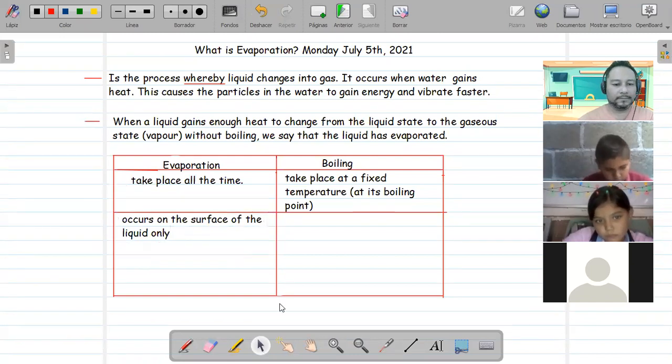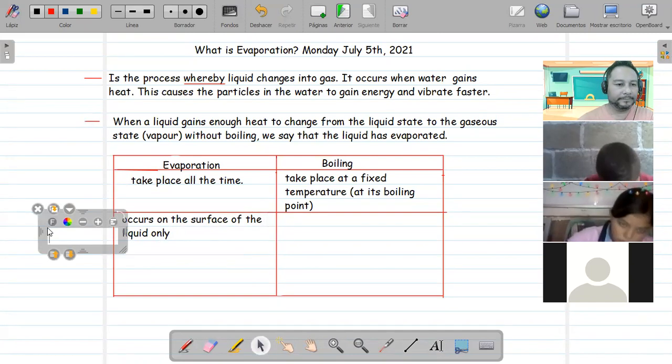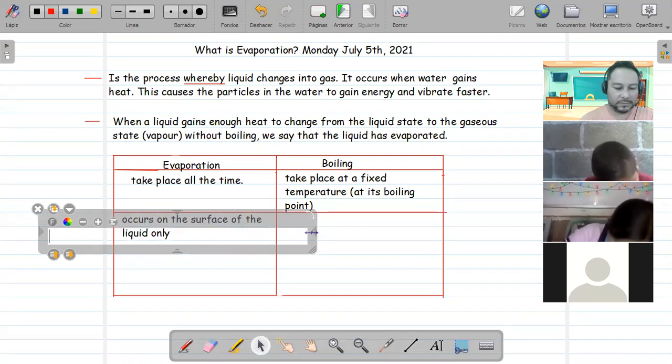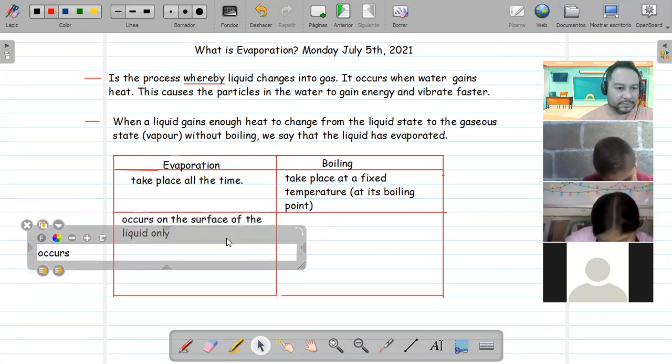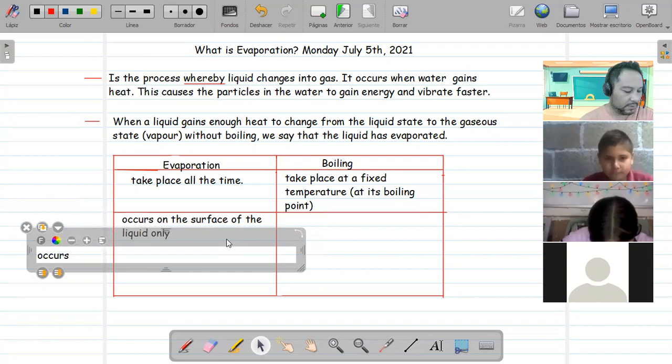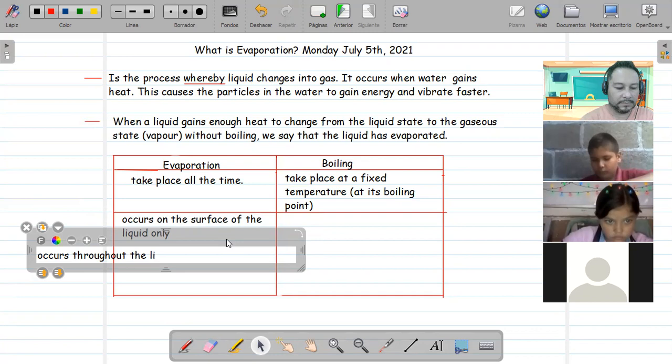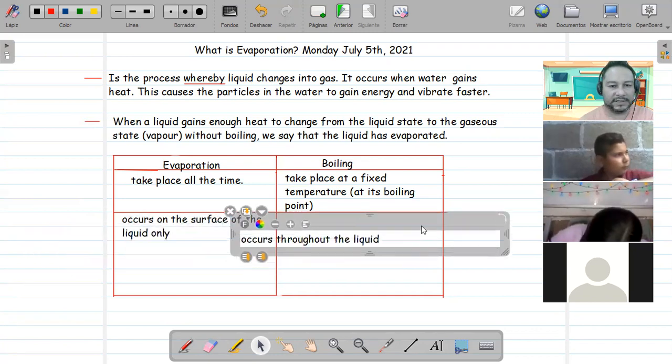Boiling occurs throughout the liquid. This is in boiling.